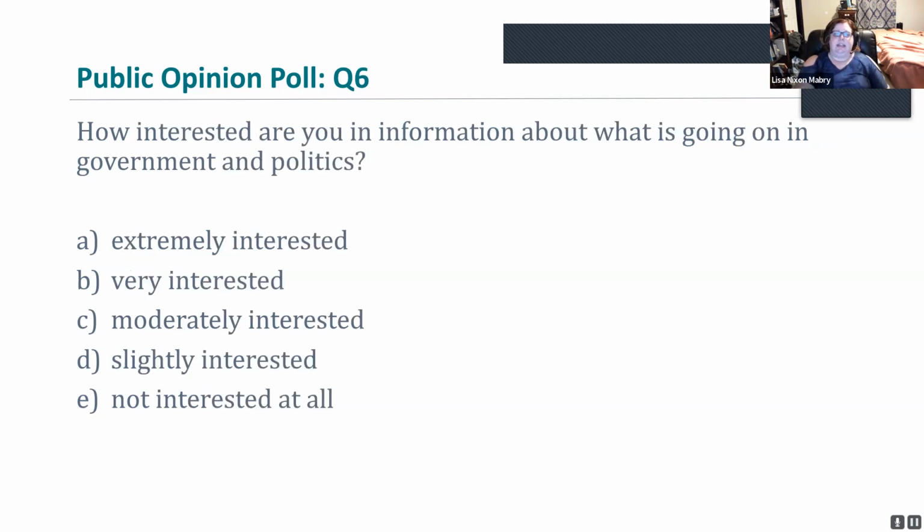Public opinion poll number 6, how interested are you in information about what is going on in government politics? And I see people answer all over the spectrum about this. I would hope that if not now, by the end of the class, you would answer very or extremely interested. I know a lot of people are not interested at all, especially when you don't know what they're always talking about. It makes it harder to be engaged, right? Because you feel lost. That's like putting me in a math class.